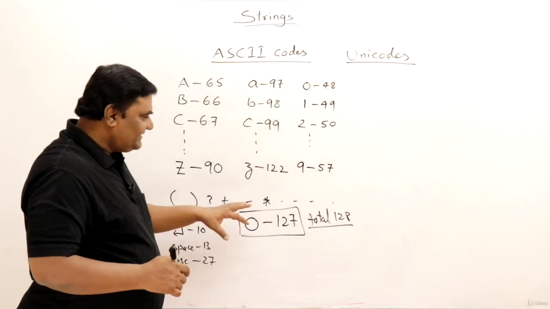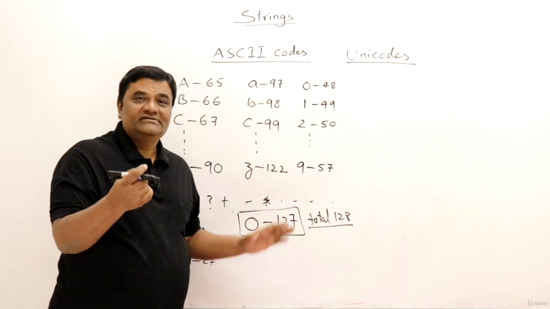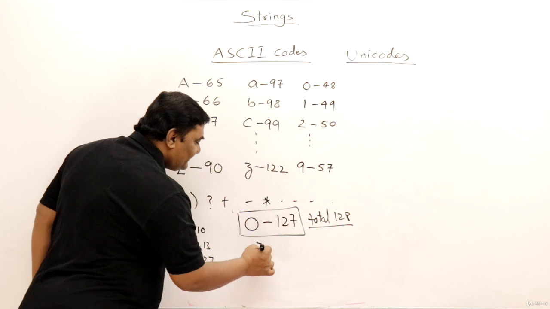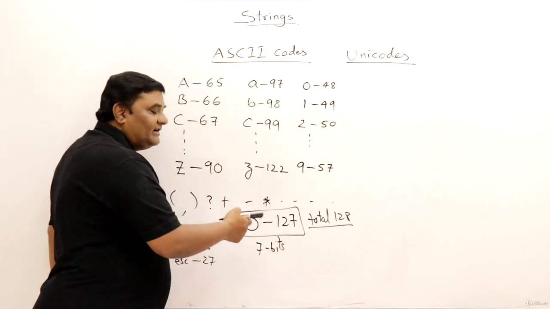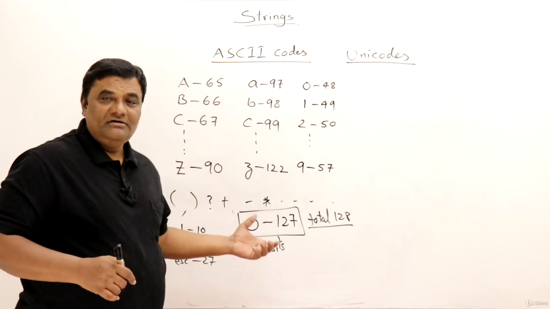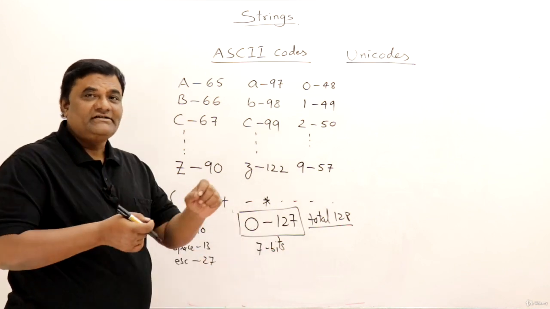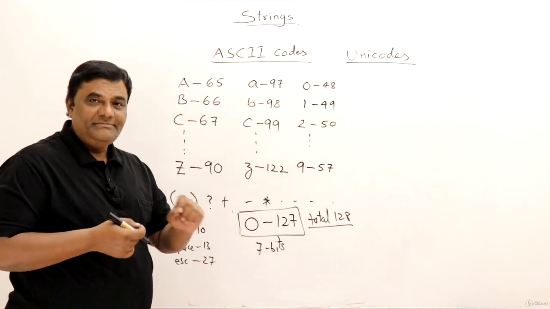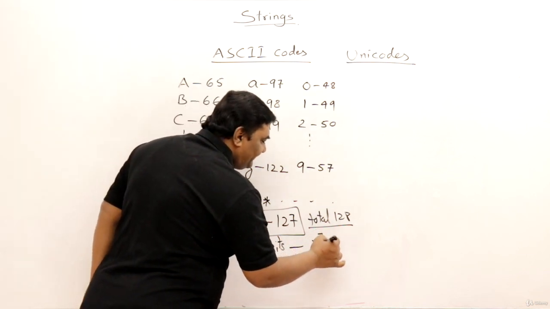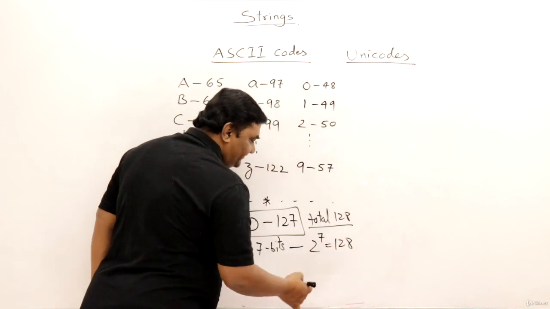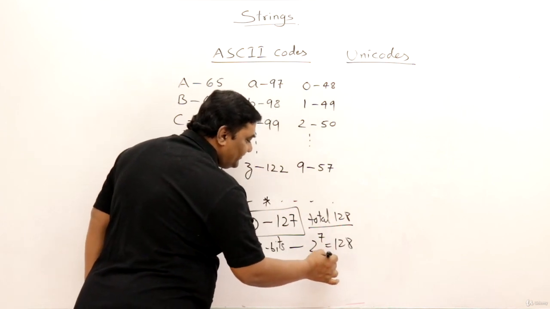To represent these ASCII codes, to represent any one symbol, 7 bits are sufficient. That is binary bits. I guess you know how binary numbers are stored. So you need binary digits or binary bits, and 7 digits are enough. Like 2 power 7 is 128, so it ranges from 0 to 127.